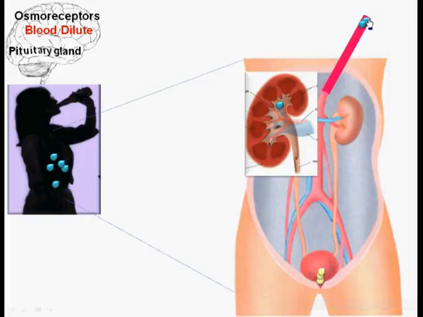So as you drink the water will appear inside the blood, and then the pituitary gland will cause ADH to be secreted into the bloodstream, and then now the ADH will cause the kidney to absorb all the excess water, and then the excess water is passed out through the ureter into the bladder, and then out of your penis or your vagina, and that's basically it.